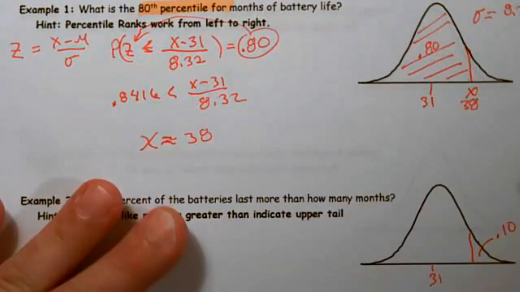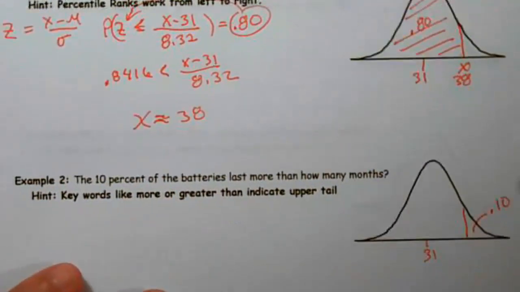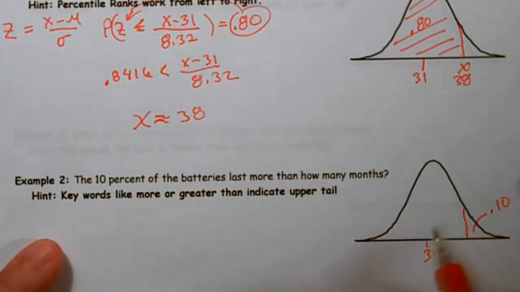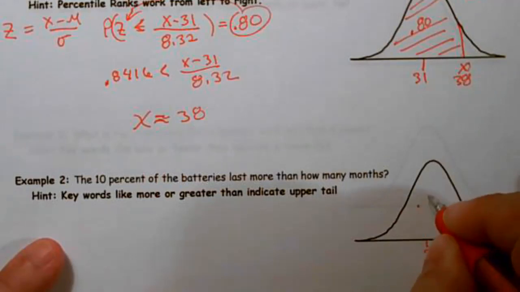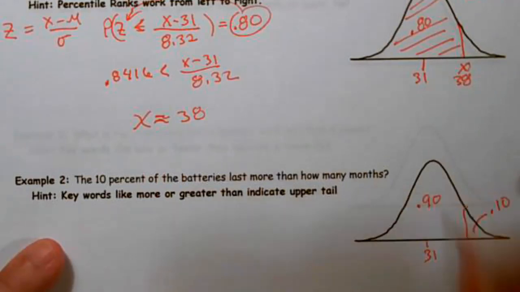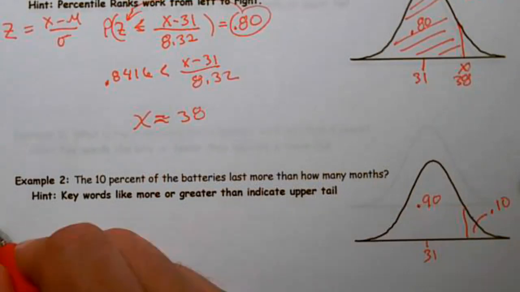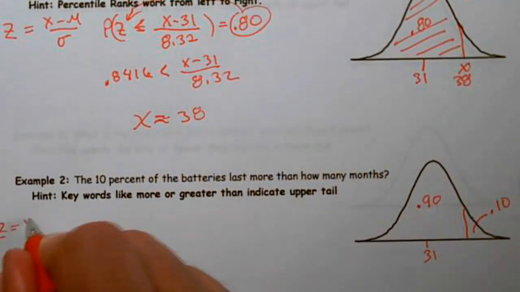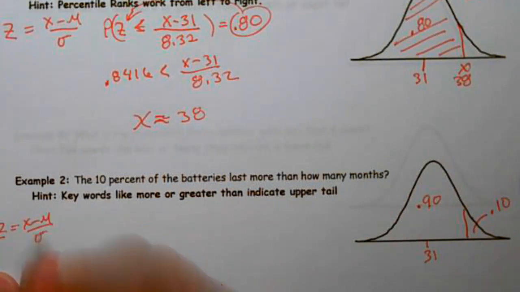Now, unfortunately, our calculators work left to right. So in this case, I need to find this area, which is 0.90. Once again, because it's a normal, z equals x minus mu over sigma.